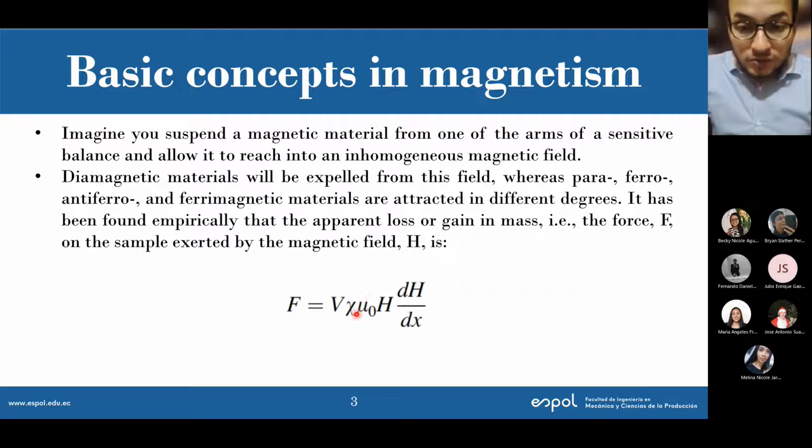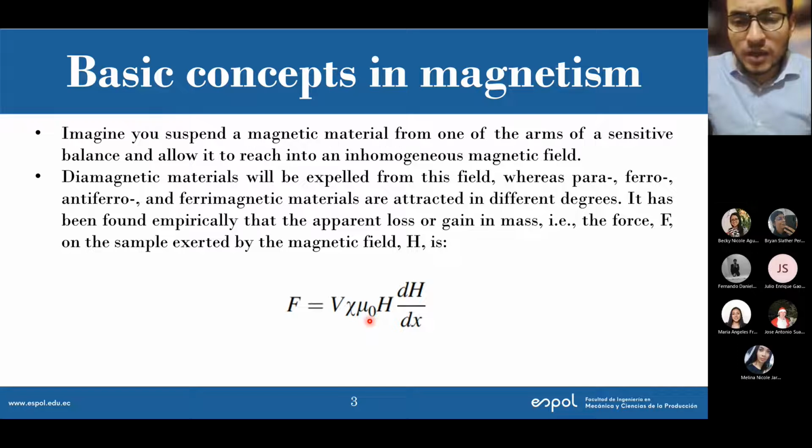And mu naught is the universal constant. We'll see this constant all throughout this module. This constant is, as I said, the universal constant, also called the permeability of free space. It's again a constant.